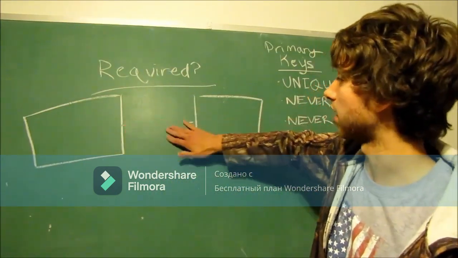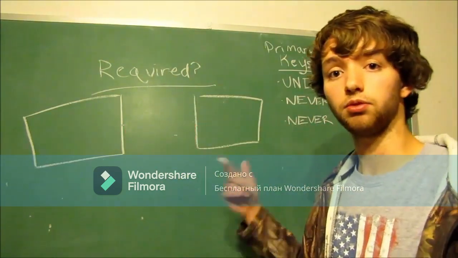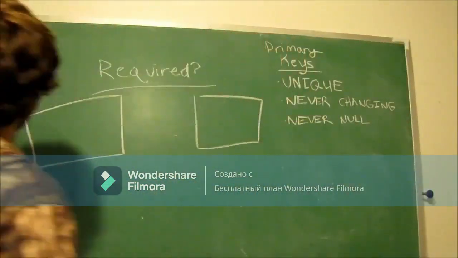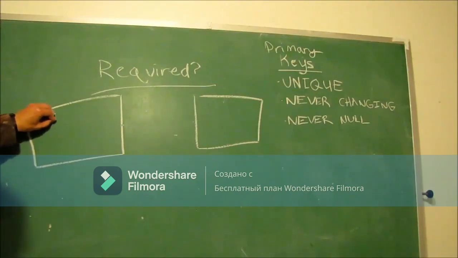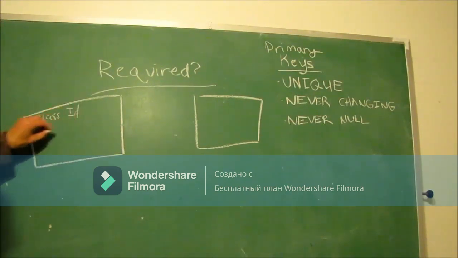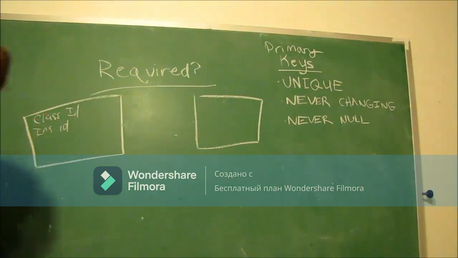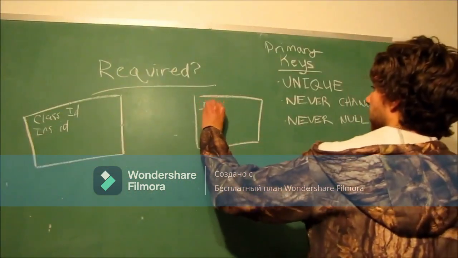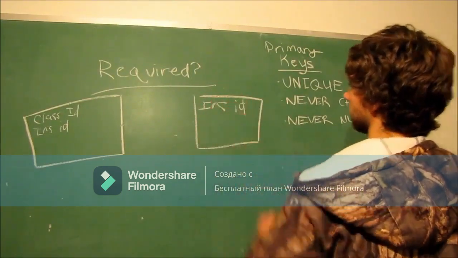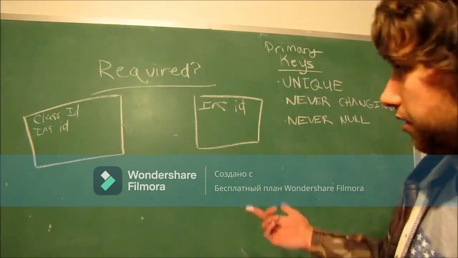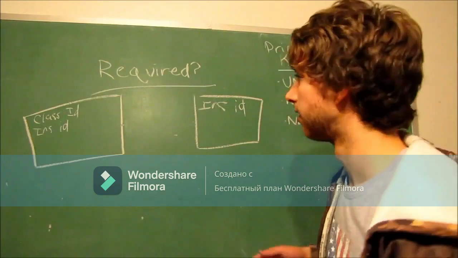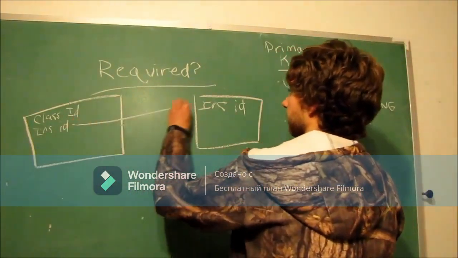If you need to learn more about that, check my relationships video. But for now, we would have a class ID and an instructor ID. And then over here we have an instructor ID, as it says INS, instructor, close enough. Now, this is going to be a reference to this over here.